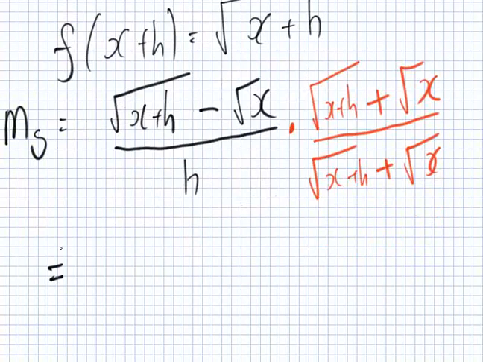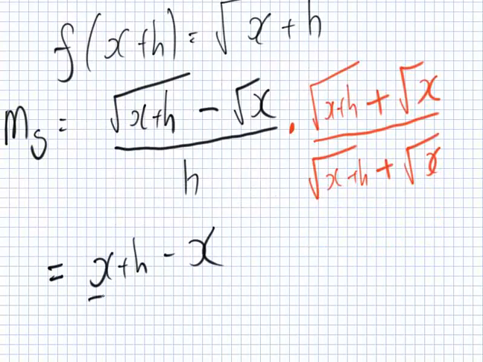I'm going to multiply out the top. But I know straight away that the middle terms will cancel, so I won't even bother writing them down. So I'll just go straight to x plus h minus x, because roots cancel when they multiply. Root x by root x is x.